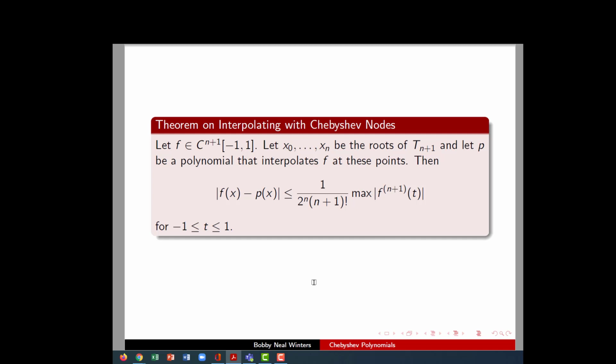All right, so how does this connect to interpolating polynomials? Because remember, we're talking about interpolating polynomials.